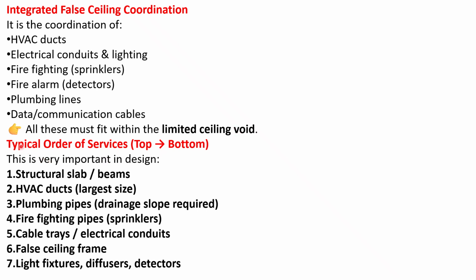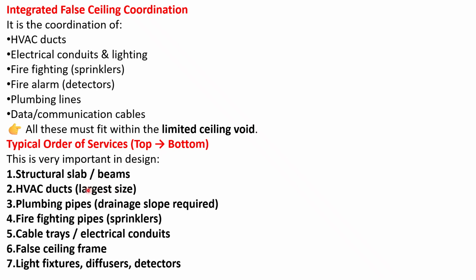Typical order of service. When we place so many services, we take it like this, that below the actual ceiling and up to false ceiling, first come the structural slab or beams. The second priority is given to HVAC duct.